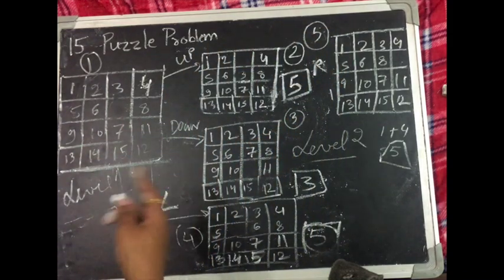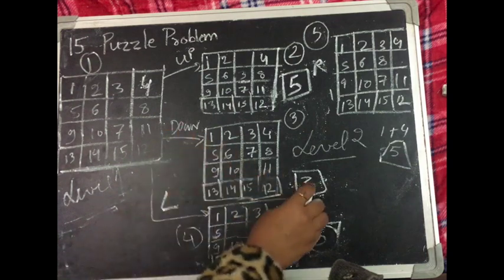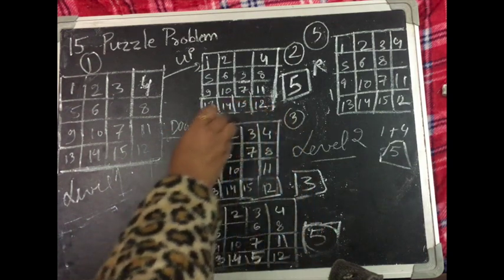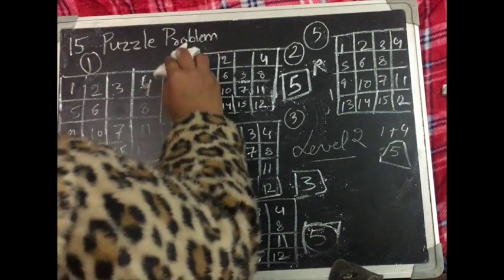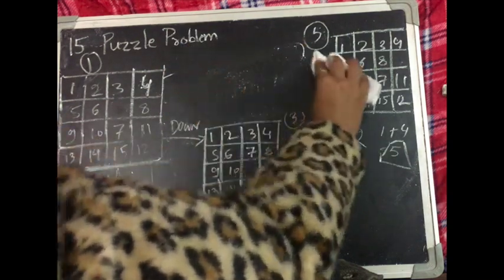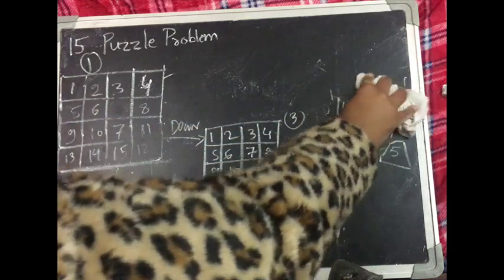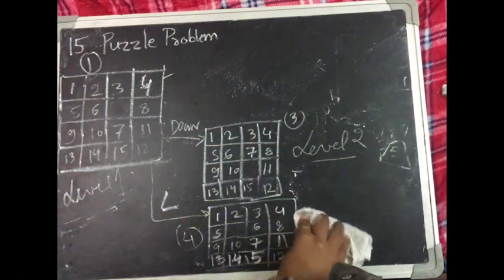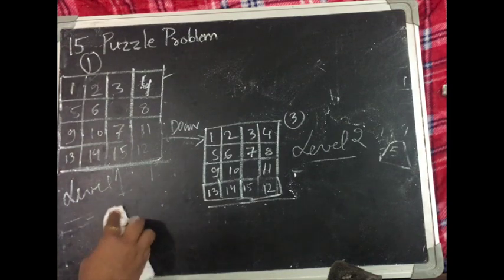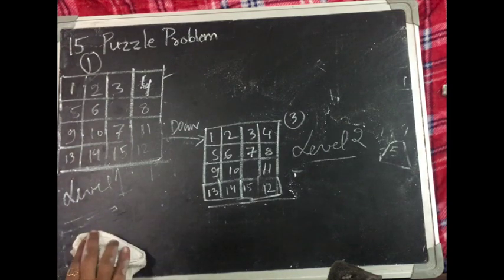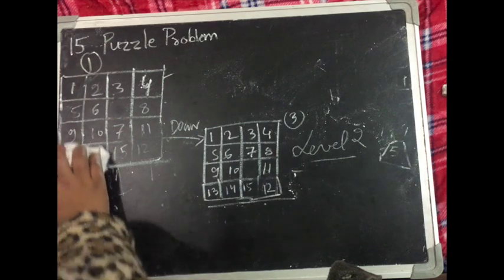I will choose the move which has the minimum value of C cap. So I will choose the move down. Okay, I'll just erase all other moves for the time being. This was level 2. Now let me erase this also.